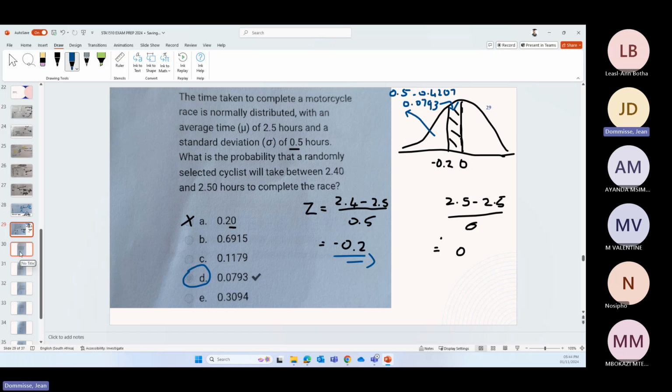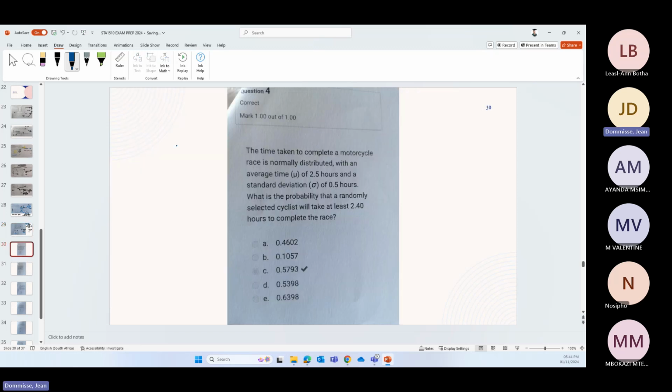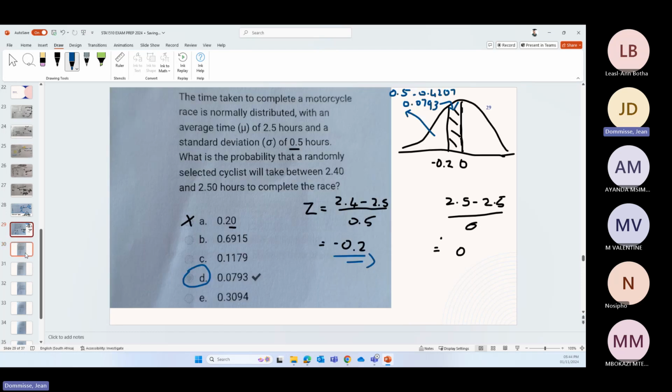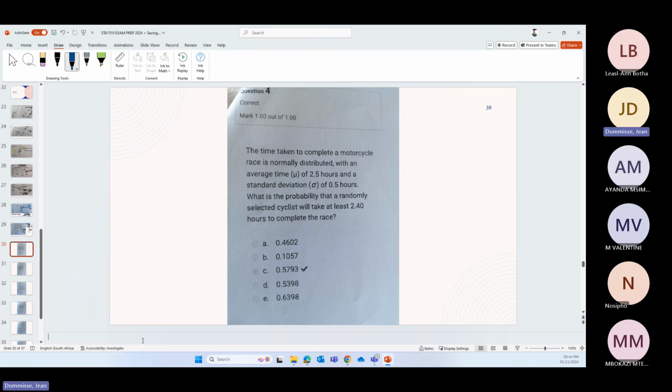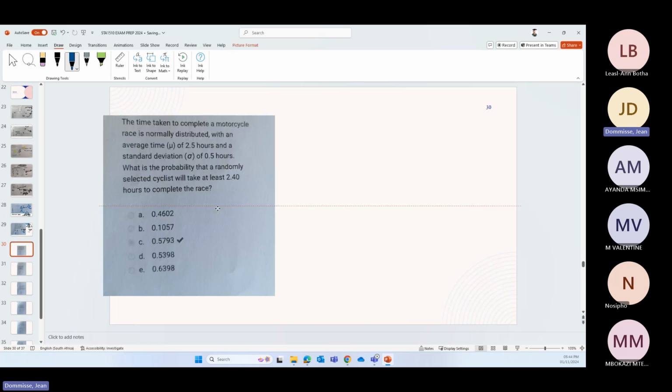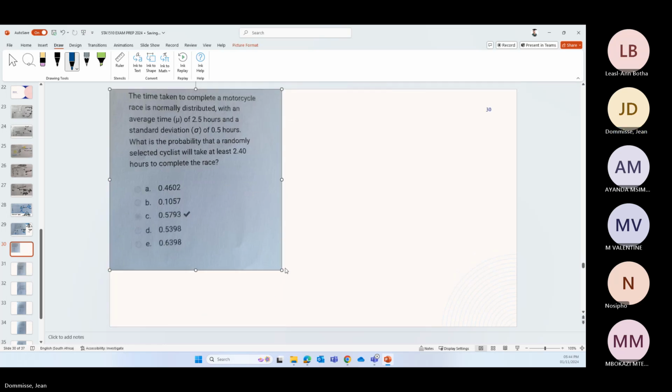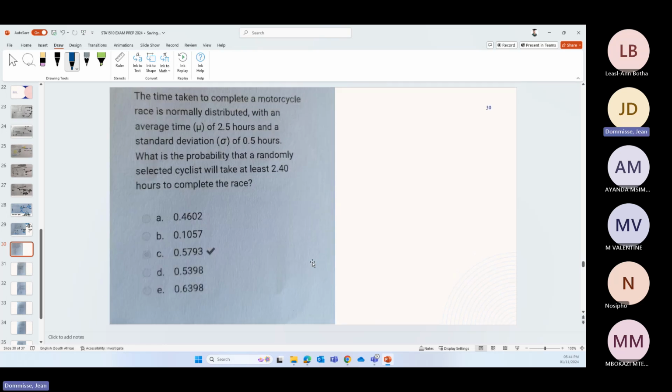Okay, so let's go into the next one, very similar, but it asks us something different. So let's see what is the difference in this one.